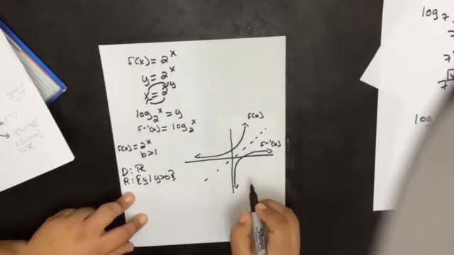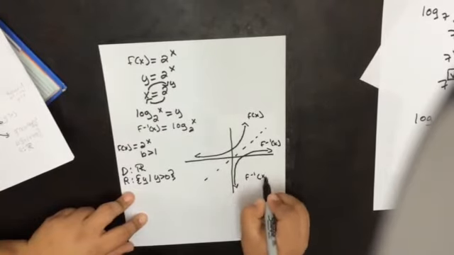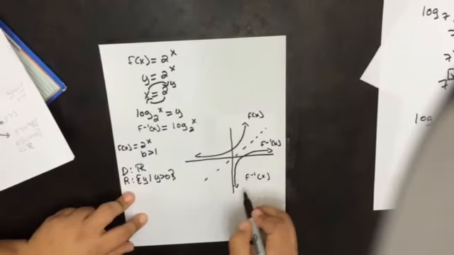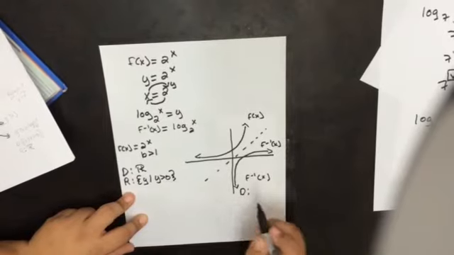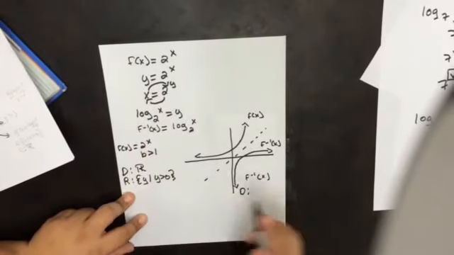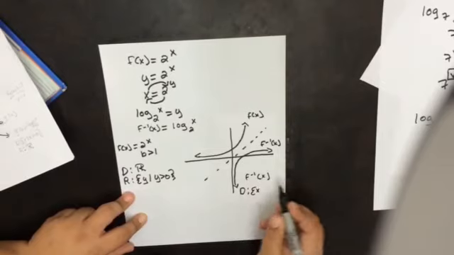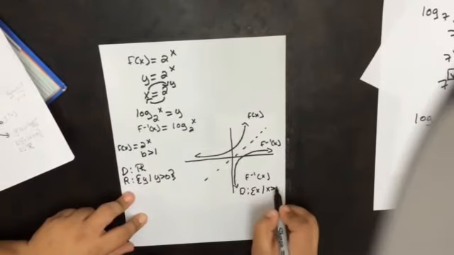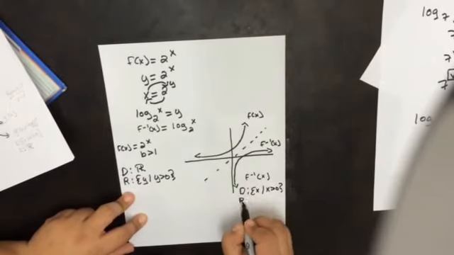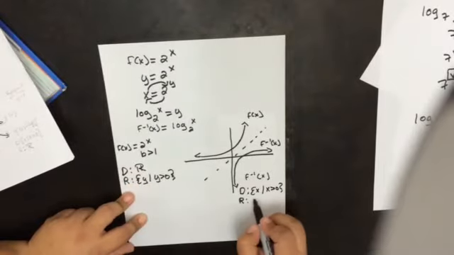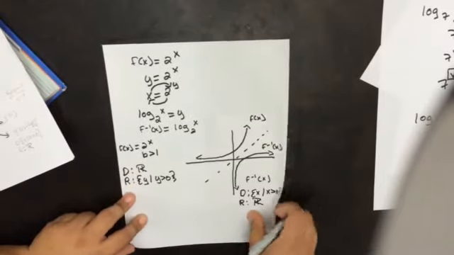So the domain and the range for the inverse function: the domain is going to be the range of f of x, so x such that x is greater than 0. And for the range, it's going to be the domain of f of x, which is all real numbers.